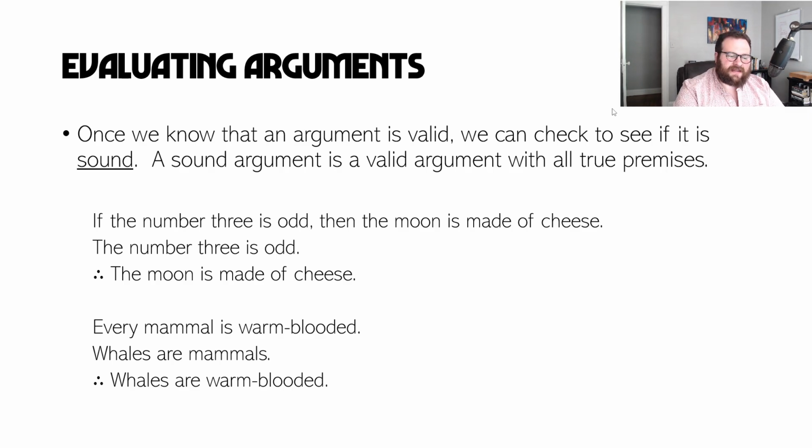Now, in this class, we're going to be talking about validity nearly exclusively, right? Checking for soundness kind of goes beyond the scope of logic, right? Checking for soundness has to do with gathering evidence, going out and doing science or another form of investigation or inquiry, maybe doing some philosophy, right?